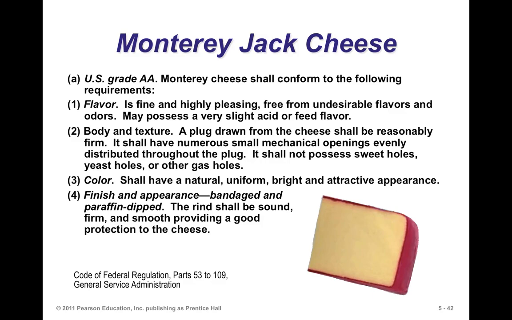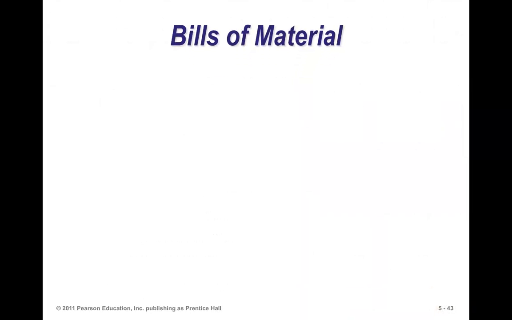Body and texture, a plug from the cheese shall be reasonably firm. It shall have numerous small mechanical openings, evenly distributed throughout the plug. It shall not possess sweet holes, yeast holes, and other gas holes. So you're beginning to specify what you want for this product, the color, the finish, and so forth. And you would do that in any case.